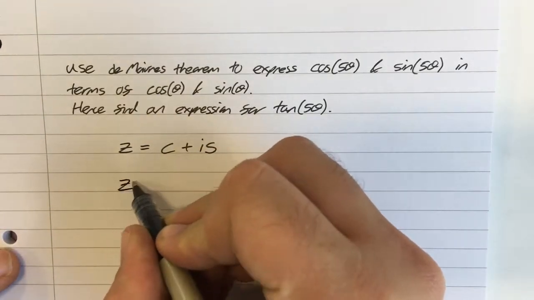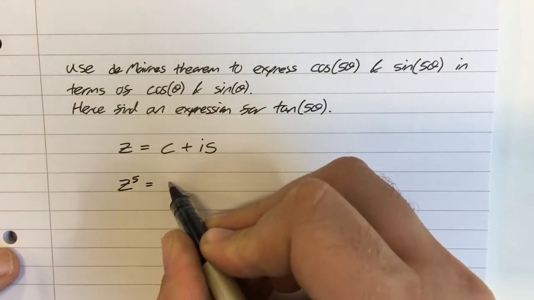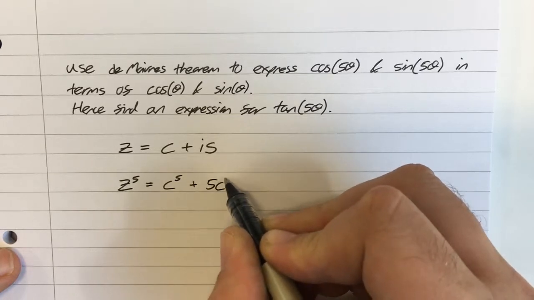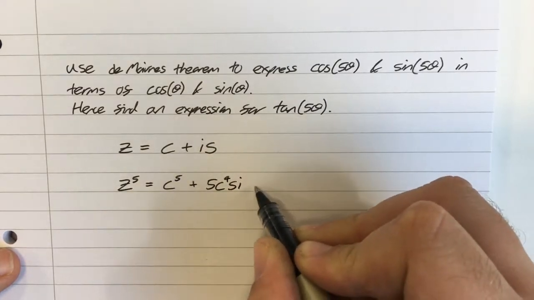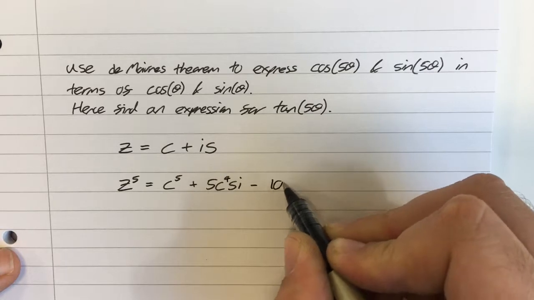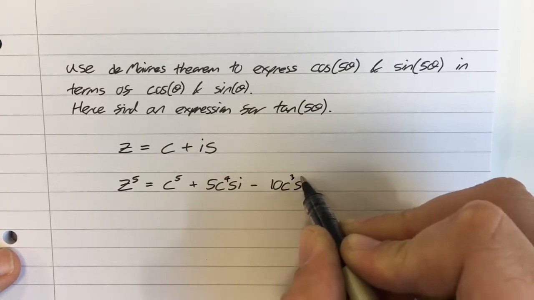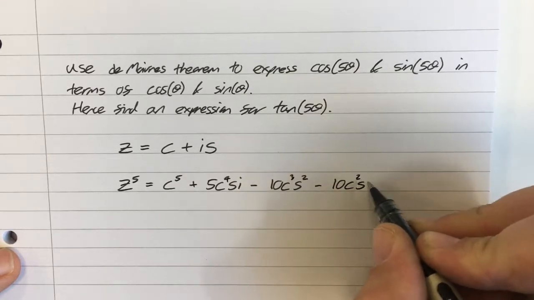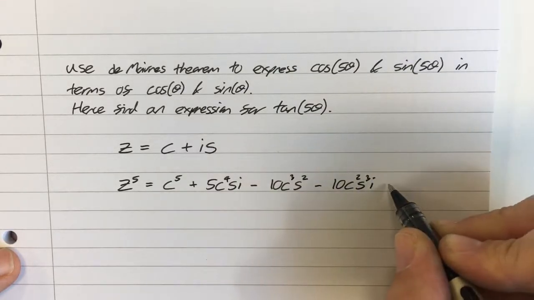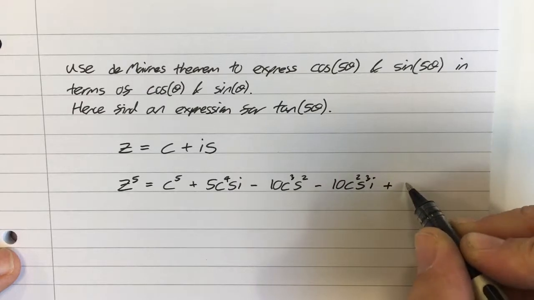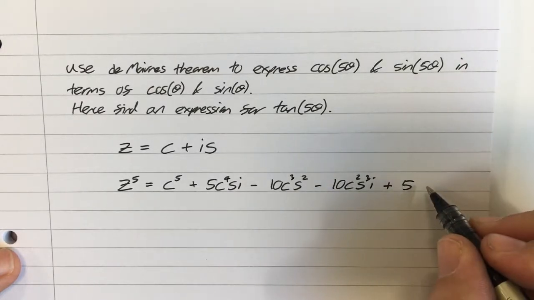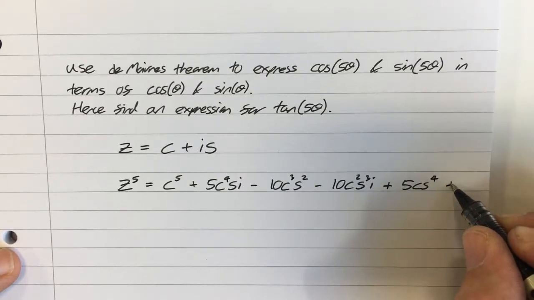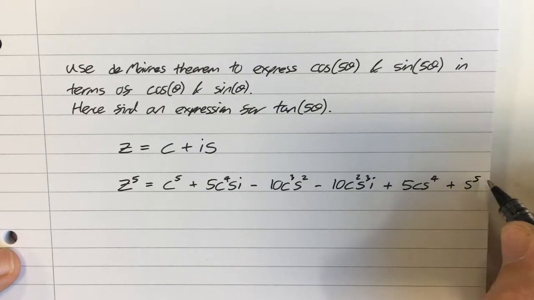I'm going to do z to the power of 5 using the binomial expansion. It is going to be c to the 5 plus 5 c to the 4 s i minus 10 c cubed s squared minus 10 c squared s cubed i plus 5 c s to the 4 plus s to the 5 i.